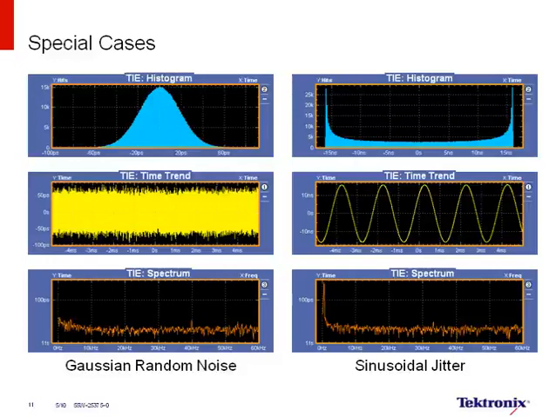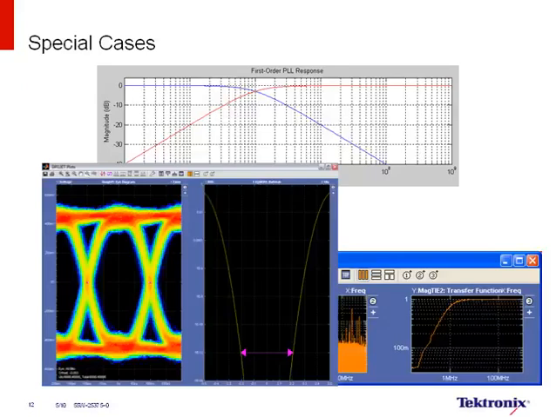Here you see other views of special cases. In the top, you see a plot that's known as jitter transfer function. So there are two curves. There's one that starts off at 0 dB and drops off to the right. That's really what's known as a PLL loop bandwidth. So in a sense, the PLL is a low-pass filter. So it will track low-frequency modulation, if you will. The plot that starts off low and goes up to 0 dB is known as jitter transfer function.